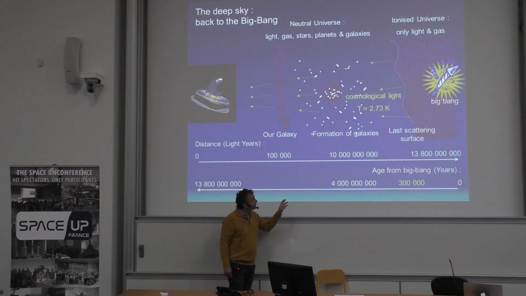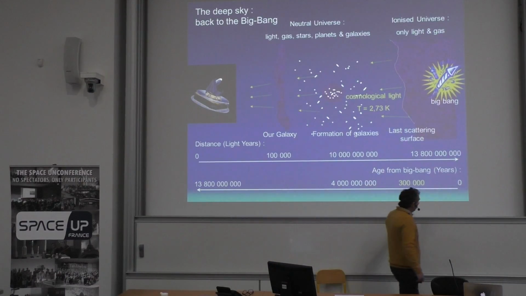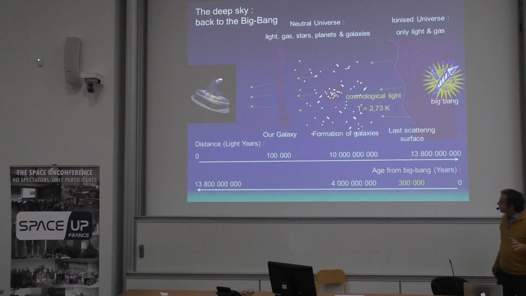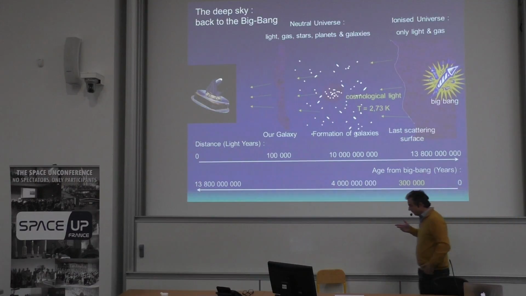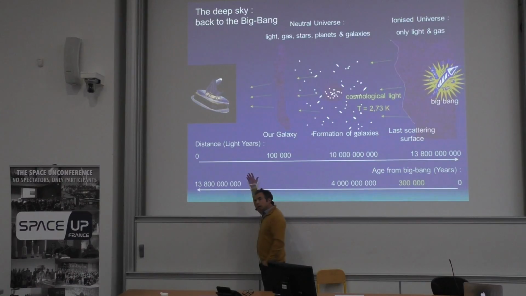It's also really interesting. And so if you could go to the furthest, then you cannot go further than the Big Bang. So why is it so? Because you all know that light needs a certain time to travel. This means that when you get the light from 100,000 light years, this happened 100,000 years ago.